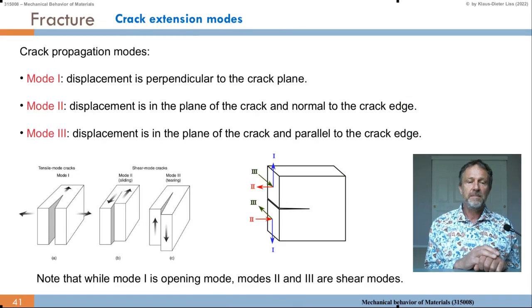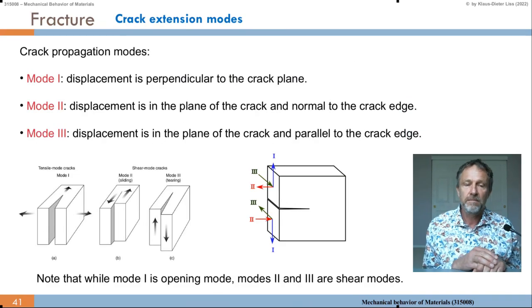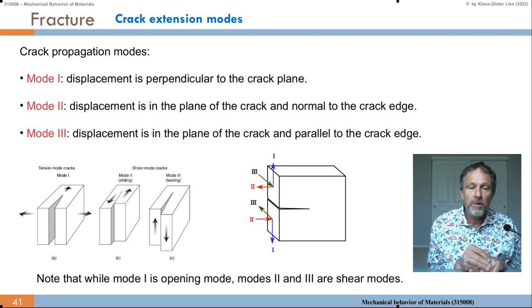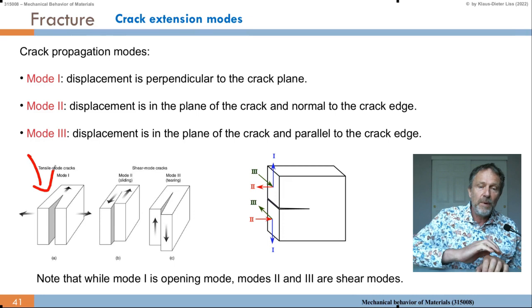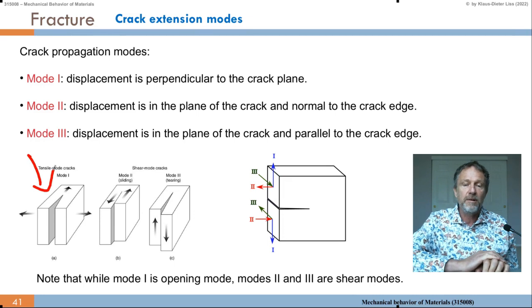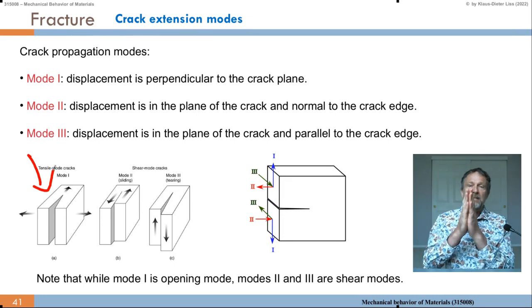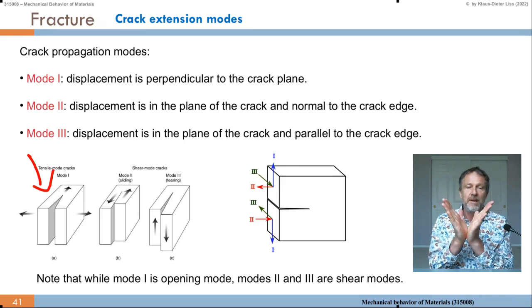First of all, let me introduce three crack propagation modes. We have mode 1, which is shown here, where the displacement is perpendicular to the crack plane. So this is the crack opening here at the top, and the displacement is perpendicular to the crack plane, in the direction we are pulling.